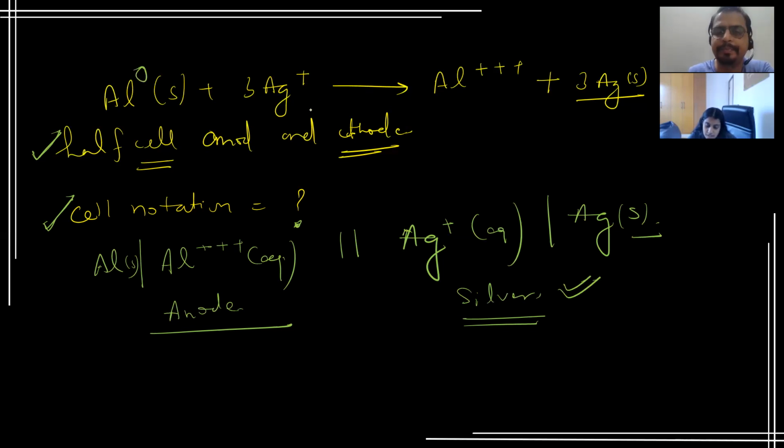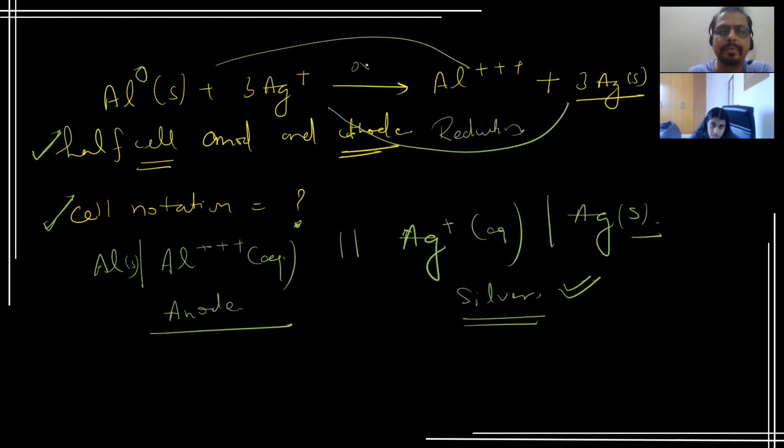Correct. And oxidation happens at the anode. Oxidation takes place at anode, and reduction takes place at cathode. I think you have written down the right cell reaction.